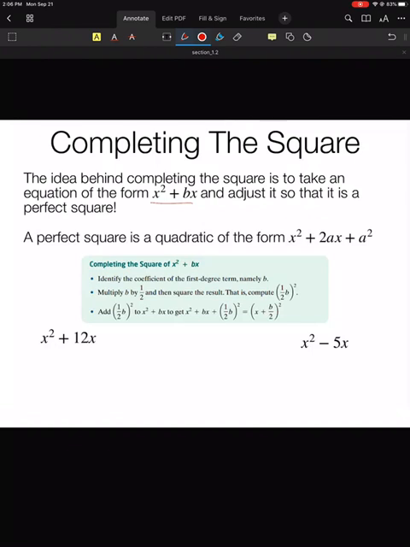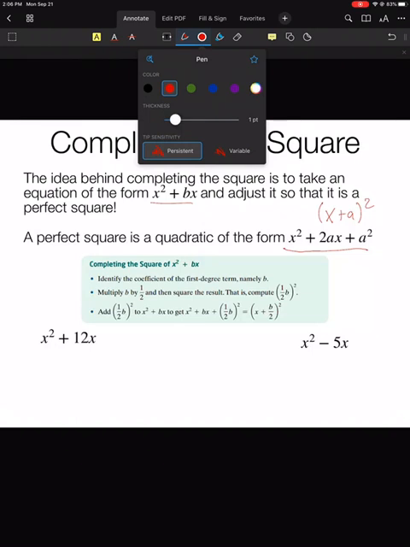First that needs to be unpacked, because we need to know what a perfect square is. A perfect square is a quadratic of the form x squared plus 2ax plus a squared. That's beneficial because we can rewrite it as (x plus a) squared.